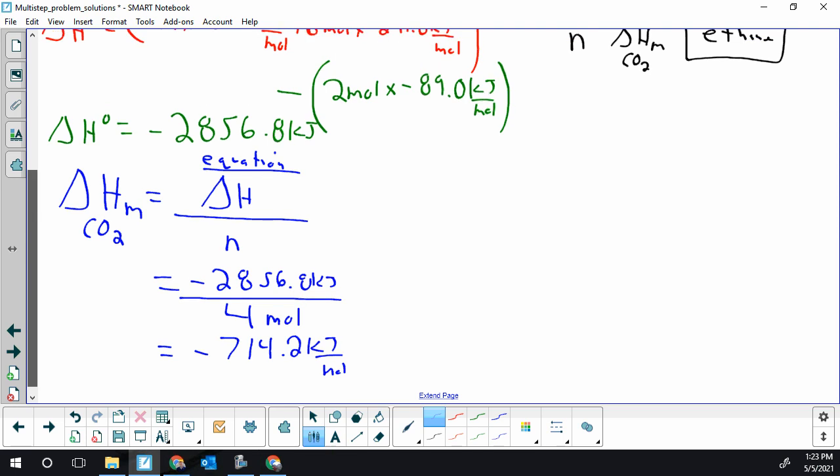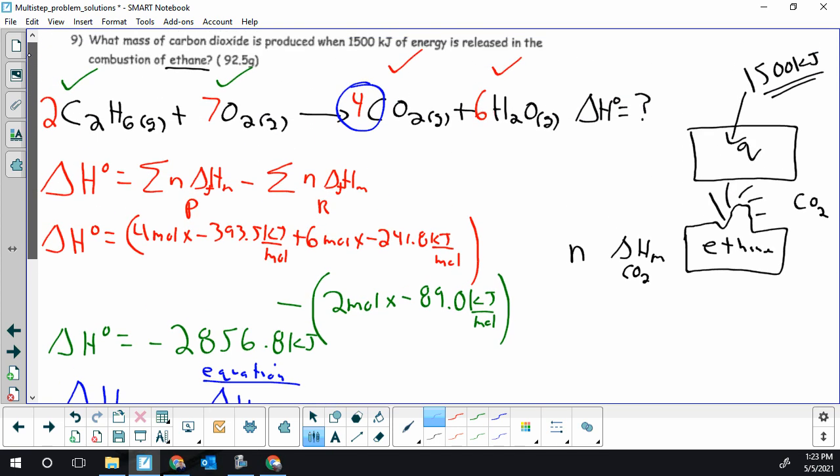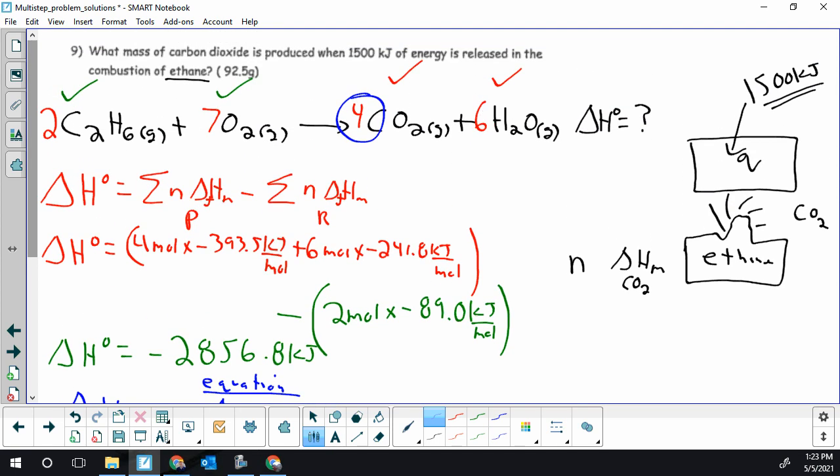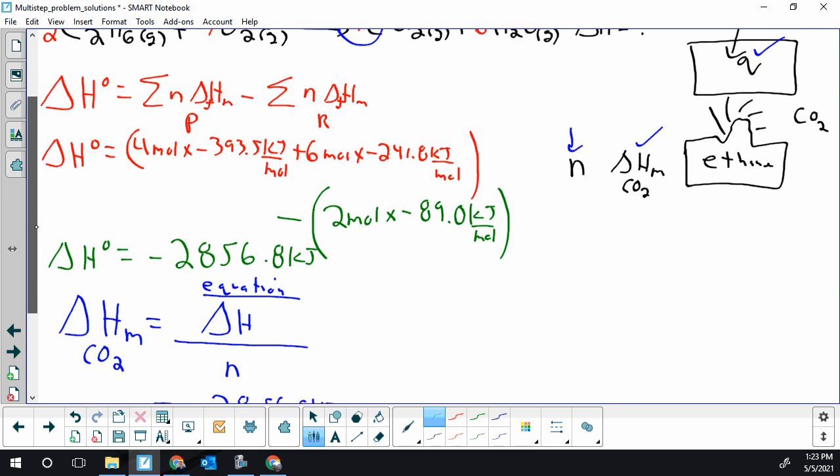Okay. So now I'm ready to really tackle the question. I know the heat that's produced. I know the molar enthalpy of the chemical that's going to produce that heat. And so I can now solve for the amount of moles that must be needed, or in this case produced, to get that 1500 kilojoules.